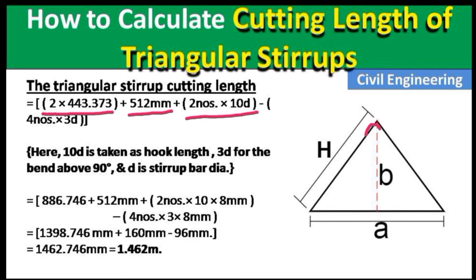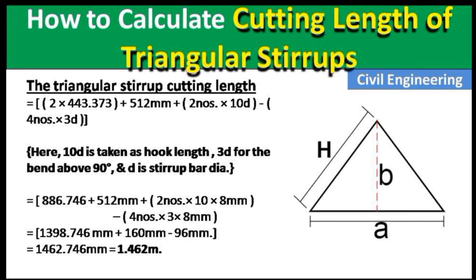There are 2 hooks, so we have put 2 numbers into 10D, where D is the diameter of the stirrups. And 4 into 3D, you have to deduct the bent part. For stirrups for bending we have taken 3D, where D is the diameter of the stirrups.